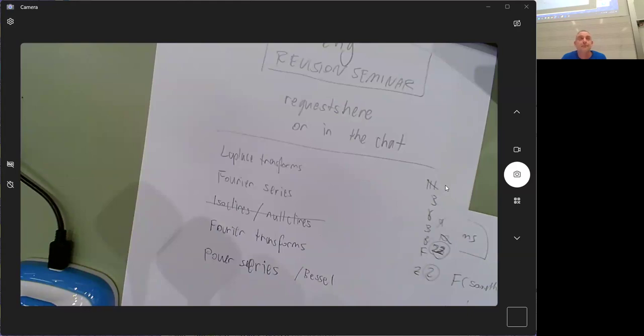Do you actually know that much about Bessel functions? I don't think you do need to know. The Bessel functions are the standard solutions to Bessel's differential equation, and you need to probably know that they came about by doing that.